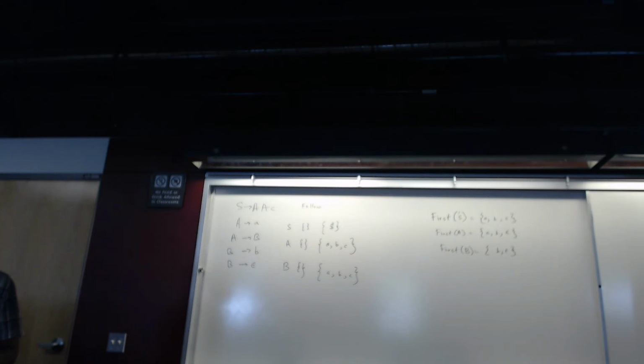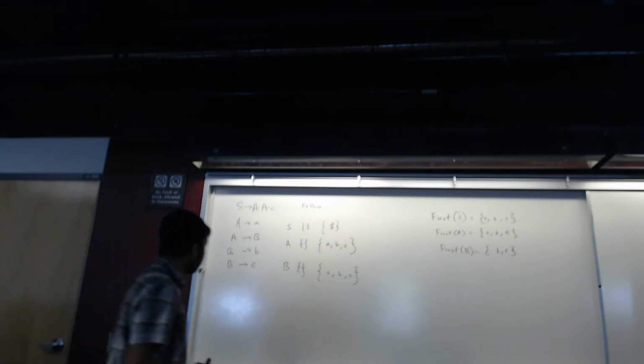Even if we apply rule 3, the follow set of S does not change. Can we apply rule 4? Same argument, the follow set of S does not change. Similarly for rule 5, the follow set of S does not change. So S remains the end of file.